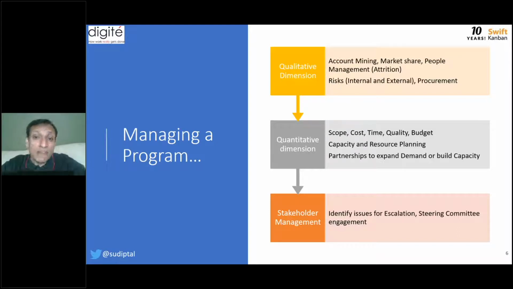Then they would have qualitative objectives, they would have quantitative objectives, and they would have to balance all of these together to make sure that their stakeholder expectations are delivered. Their stakeholders could be their customers, the industry and domain that they represent, their internal stakeholders, management and leadership, or the people who are working as part of the program.